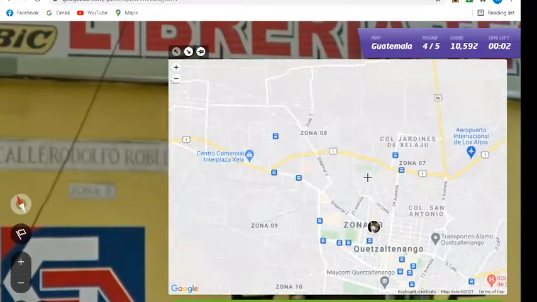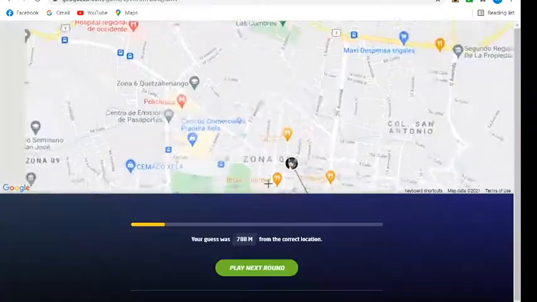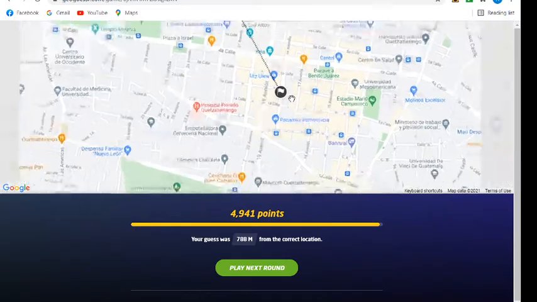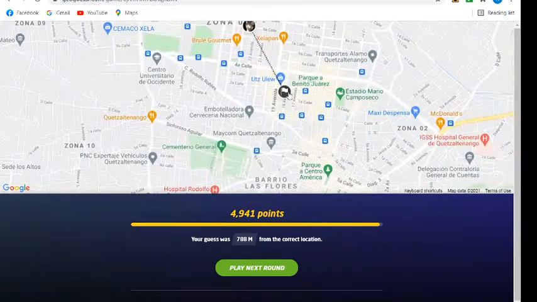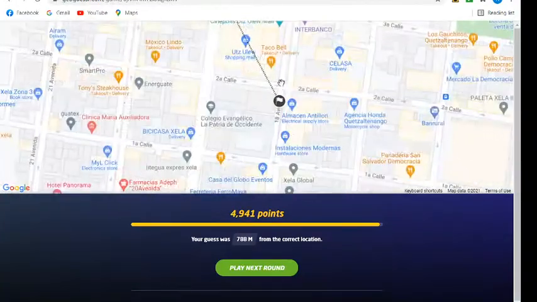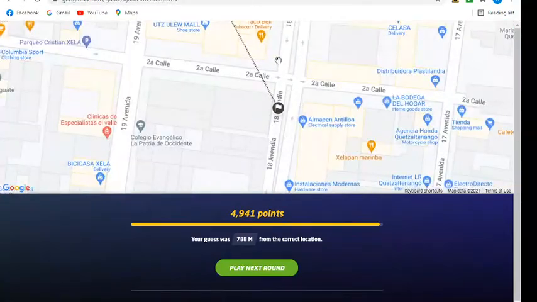The other thing is, it's a bit hard to figure out. Okay, that's Zone 6 there. So it was actually in the center, it looks like. Okay, so we started out on 18th, it looks like.